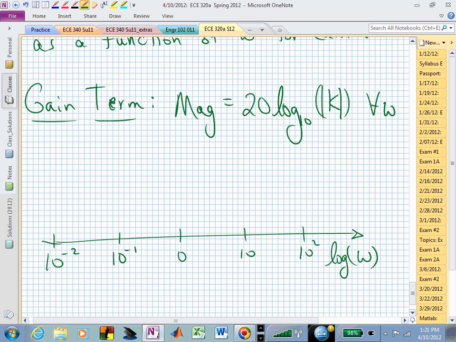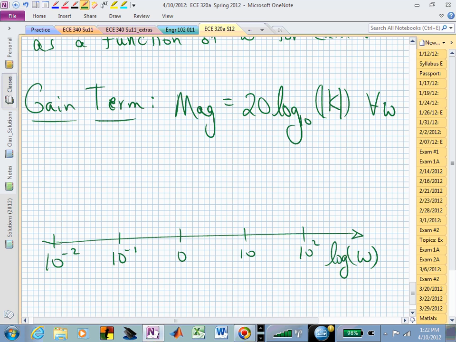And if you needed to know where 2 was on this, it's not uniformly spaced between 0 and 10, is it? What's the log of 2? What's the log of 10? 1.